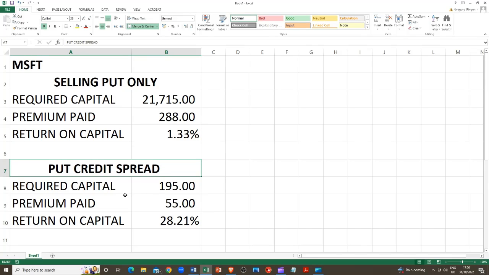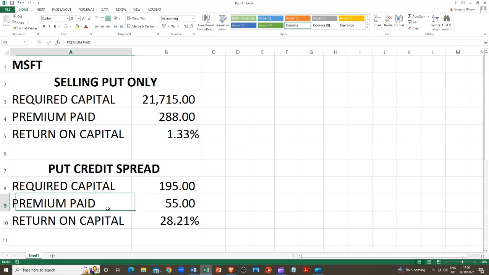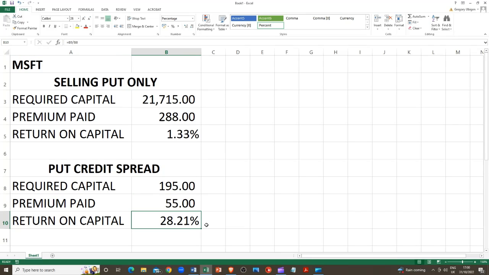Whereas for the put credit spread, the required capital was $195, and the premium that would have been paid was $55. And this translates to a return on capital of 28.21%.